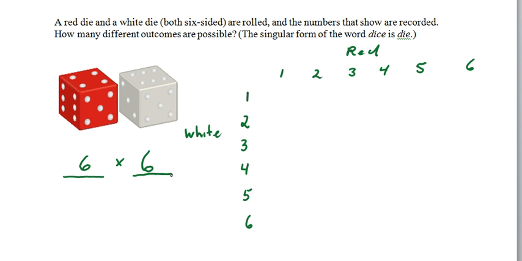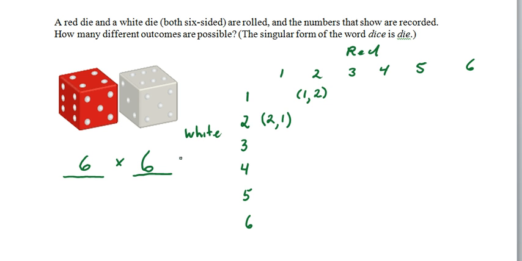So notice that because we do have a red and a white die, then the outcome, for example, 2 on the white die and 1 on the red die is different from 1 on the white die and 2 on the red die, etc. And so all 36 outcomes are discrete in this case.